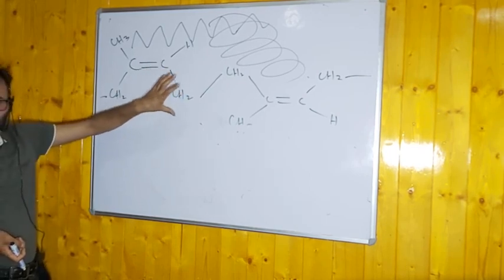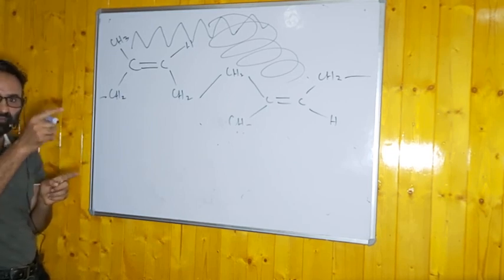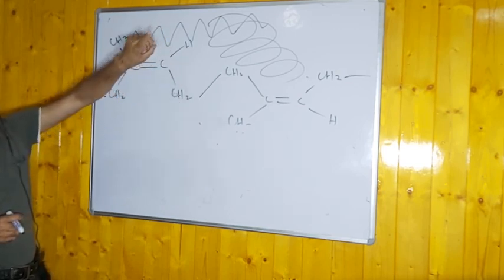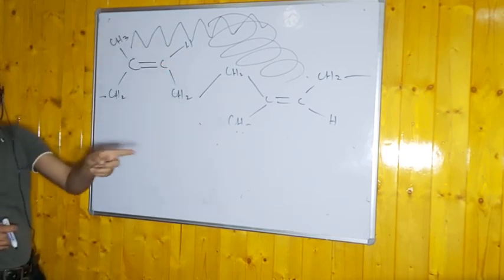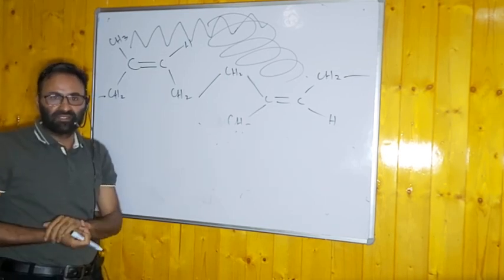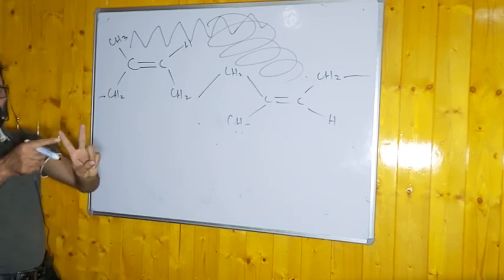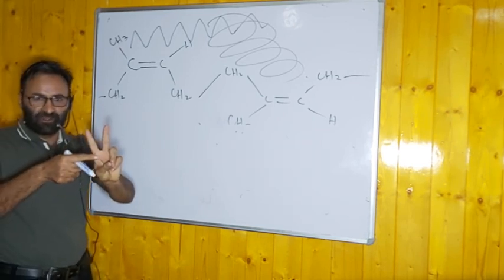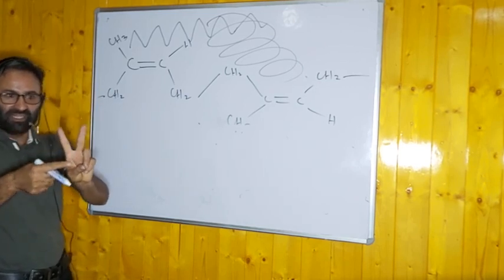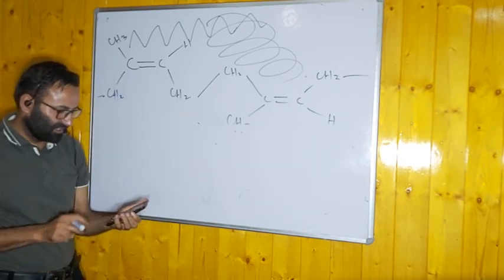Gutta percha, because of trans orientation, can be packed in crystallites, so it is crystalline in nature. Three points of difference: natural rubber, cis polyisoprene; gutta percha, trans polyisoprene. One is elastic, the other is non-elastic. And now we have to discuss the third point.